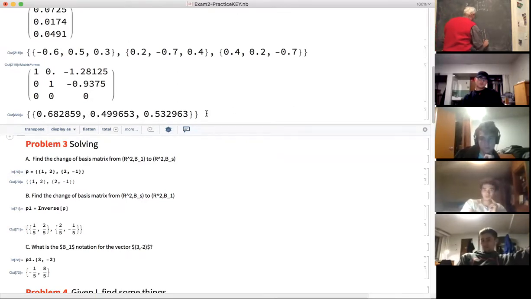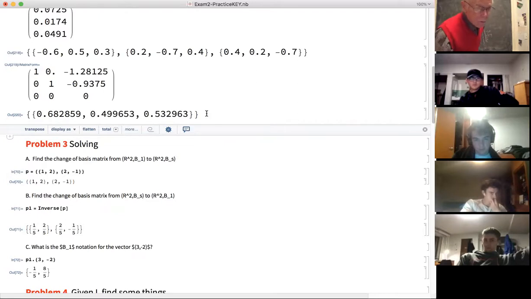And this is the span of 0.68, almost 0.499, almost 0.5, and 0.53.